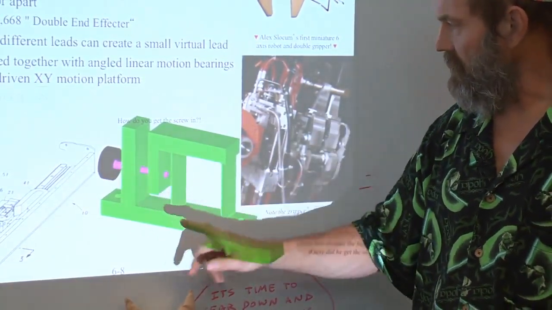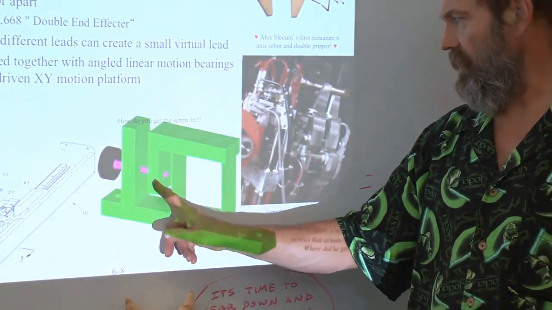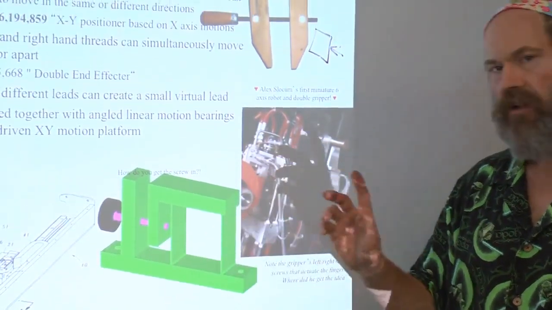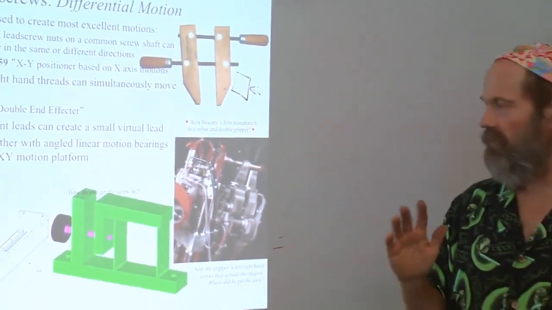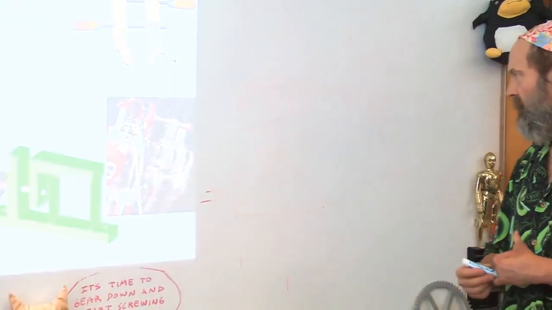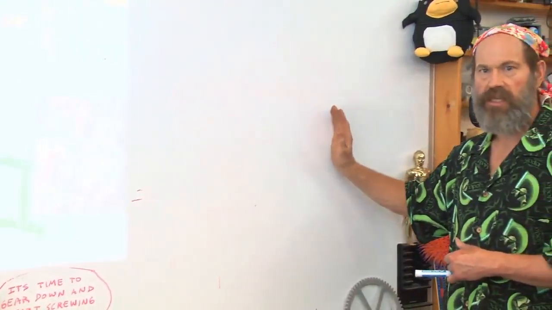What is going on here? Is this a left-hand screw and this a right-hand screw? Not always is differential motion just between left and right hand. Remember earlier we talked about having very high forces from the lead.